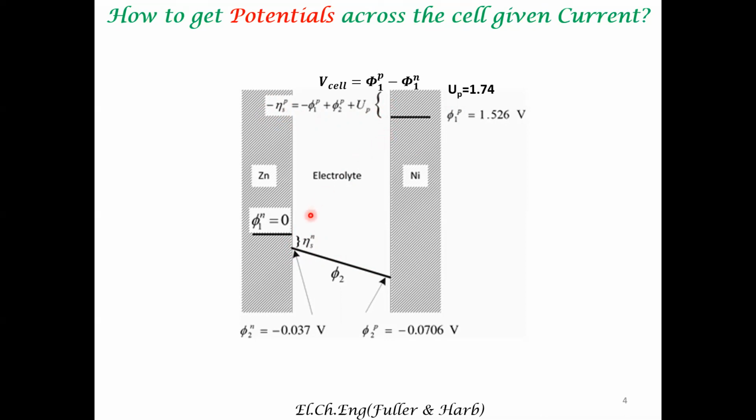Okay, these are the three quantities: eta Sn, the ohmic drop, that is phi 2, where the 2 indicates the potential in the electrolyte, so phi 2 P minus phi 2 N. Okay, that indicates the voltage drop in the electrolyte. We assume that's an ohmic electrolyte. Okay, that's a good assumption. And then we want to find the surface overpotential at the positive electrode.